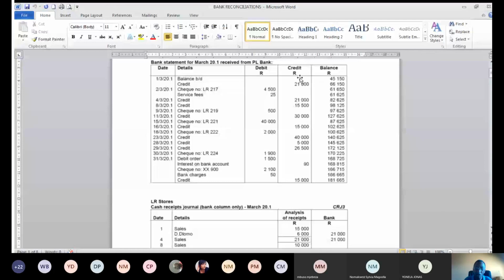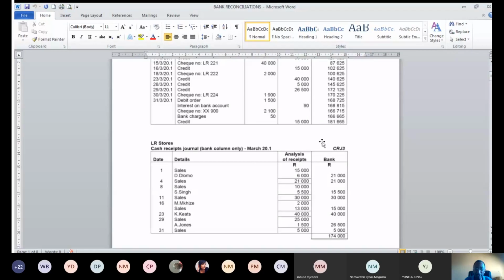On the credit side, that is where all your deposits will appear, and a credit will increase your balance. You see there was an opening balance of 45,150 plus a deposit of 21,000 will make your balance now 66,150.